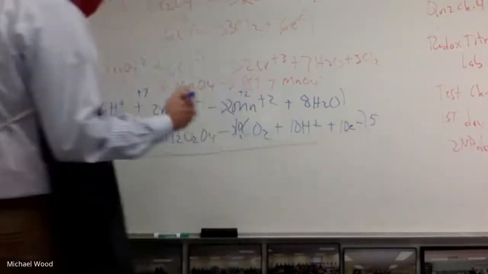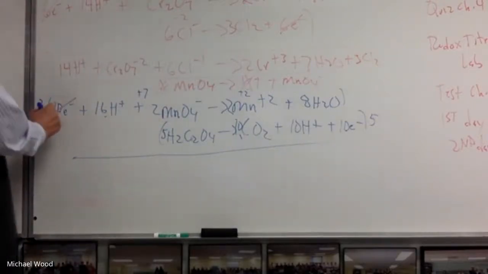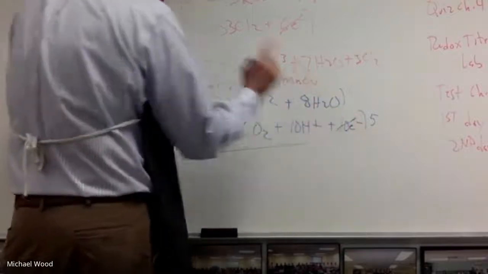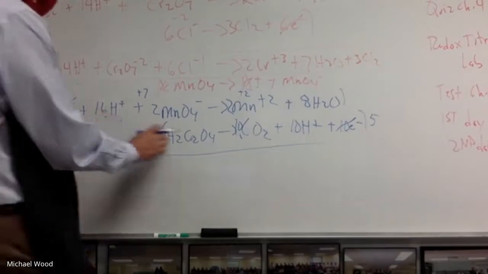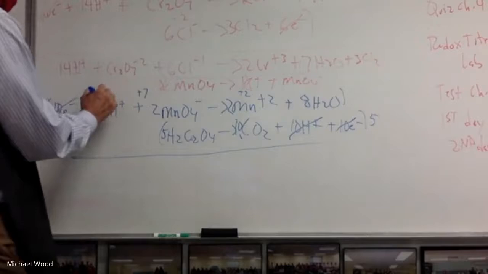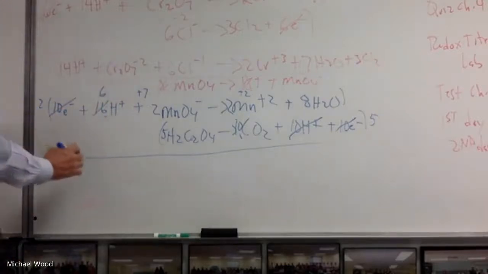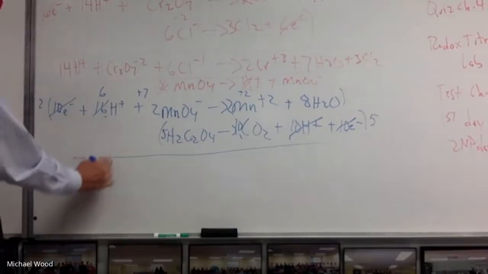Okay, now I'm going to add everything up, and this is going to be my overall reaction. So the 10 electrons will cancel out. Another thing that will cancel out is there's 16 H pluses here, and there's 10 here. So I'm just going to get rid of that, and I'm going to make that 6. If you didn't do that, it would have been okay, but that's the way most people in chemistry would have done it.